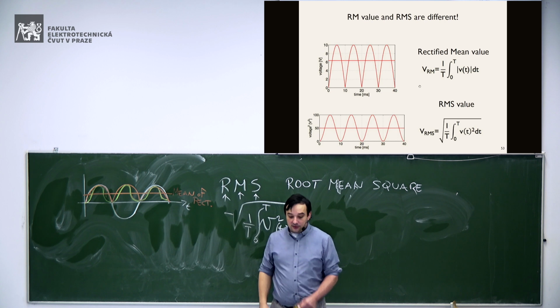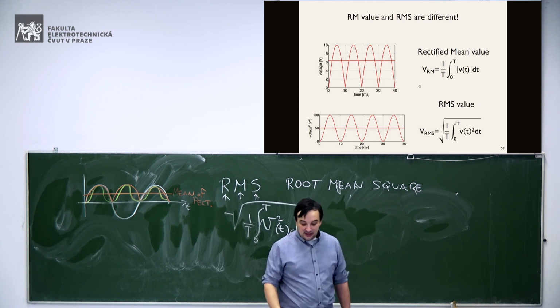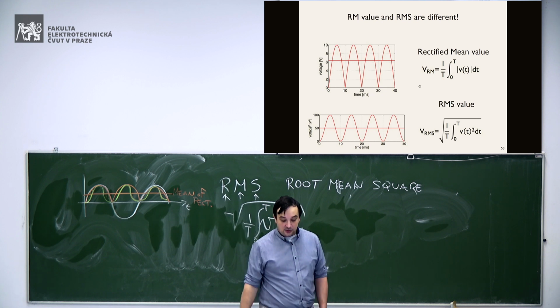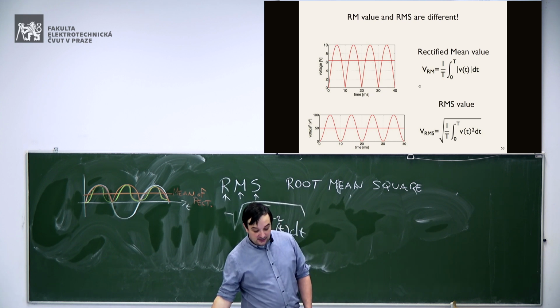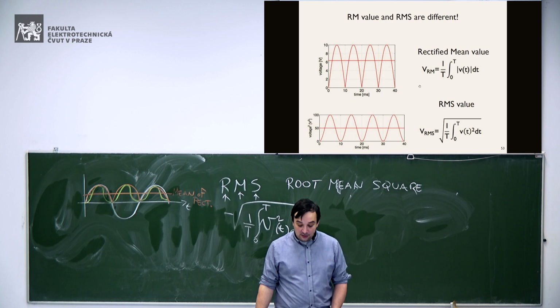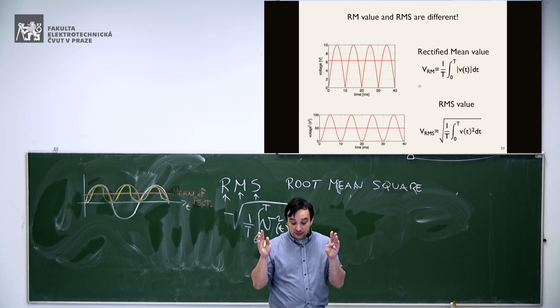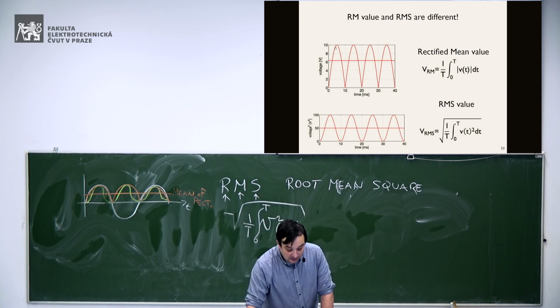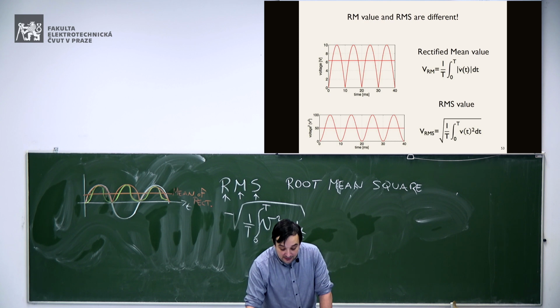If you calculate the rectified mean value and the RMS value following these formulas, you have to calculate the average of the absolute value of the voltage in the period, to get the rectified mean value, okay? Rectifying means that what is negative becomes positive. Therefore, it's like taking the absolute value of the voltage.